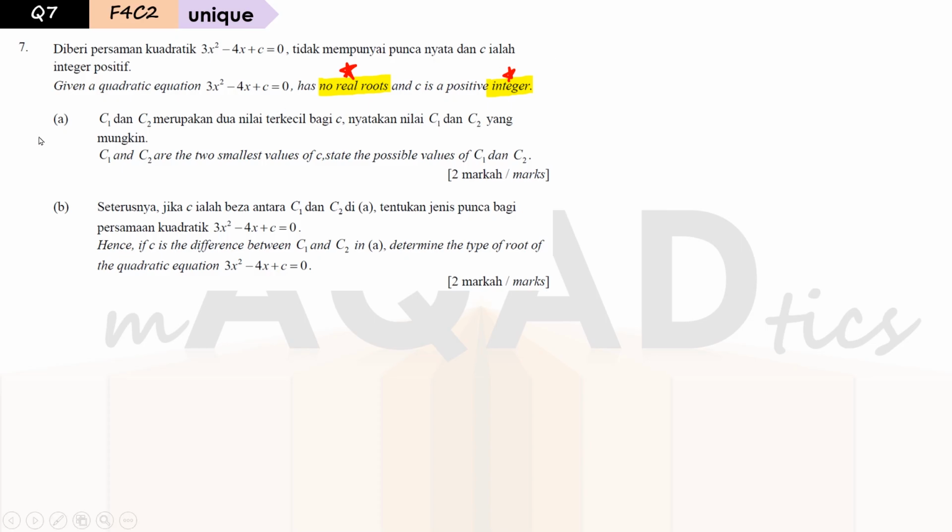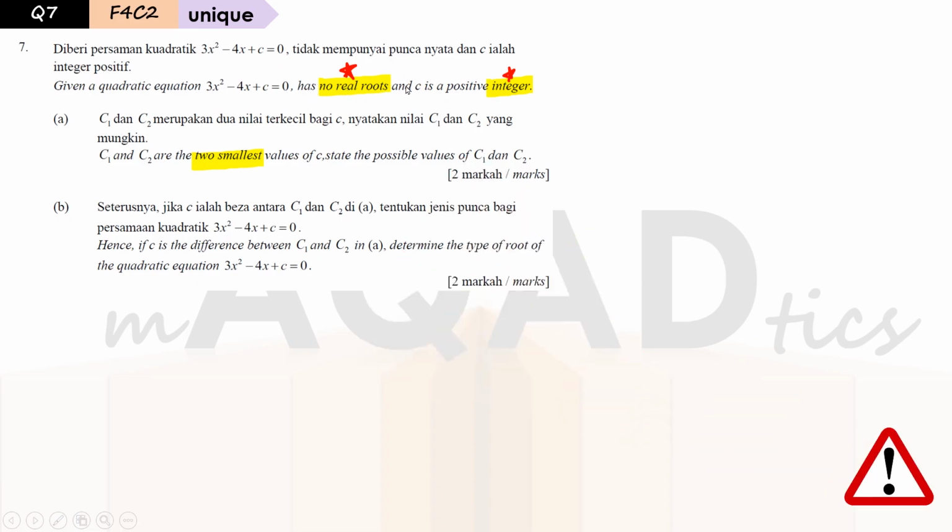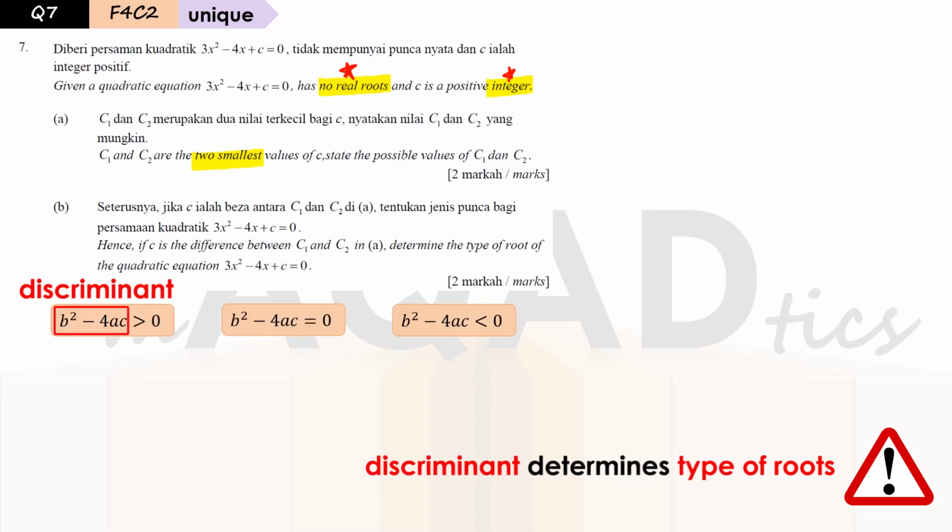For part A, it says that c1 and c2 are the two smallest values. We need to state the positive values of c1 and c2. So let's go back to the clue here: no real roots. If we see no real roots, what can we think of? We can think of the discriminant.